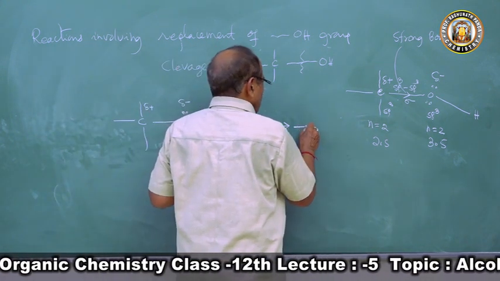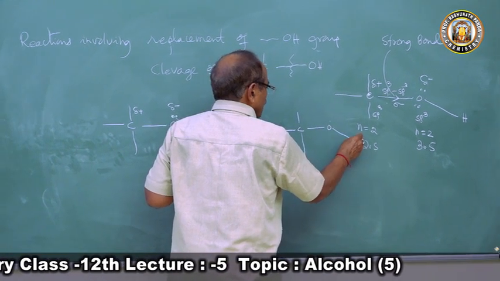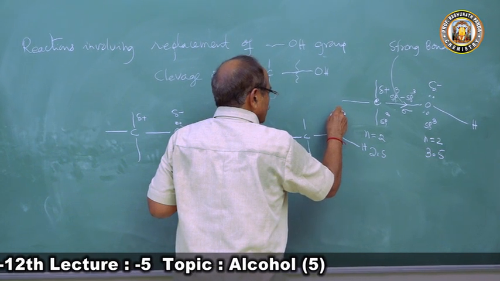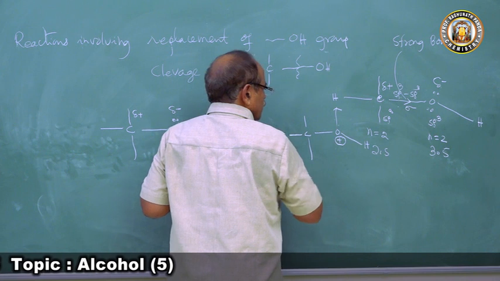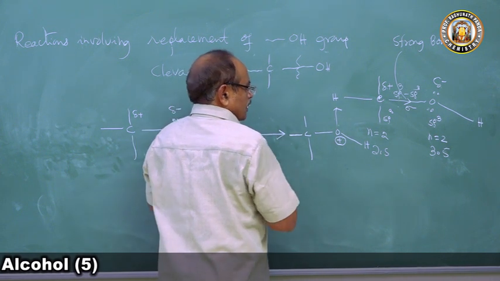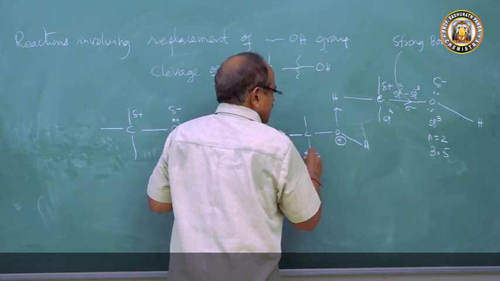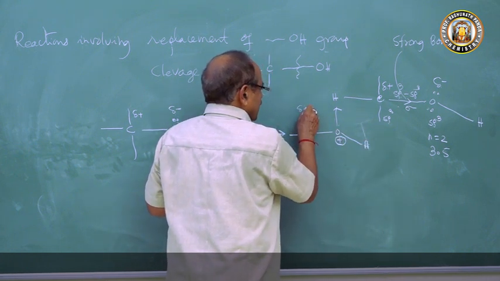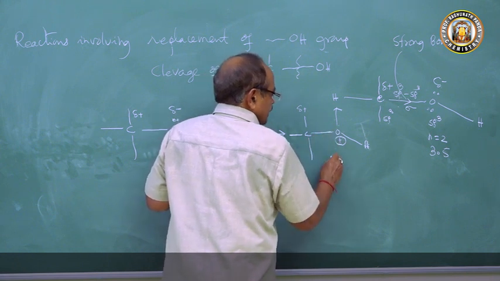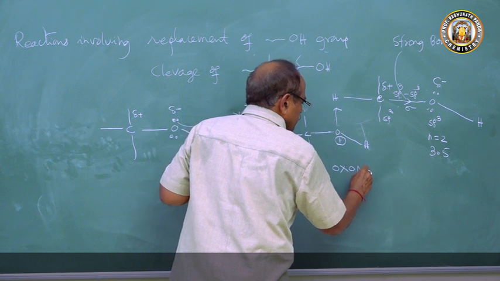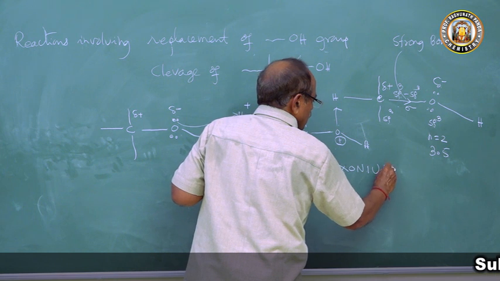So what will happen now? This is the carbon atom and this is the OH group, and it donated a pair of electrons to hydrogen, and the oxygen atom got a positive charge. Because of this positive charge, and here the carbon atom has a delta positive charge, this is an oxonium character.